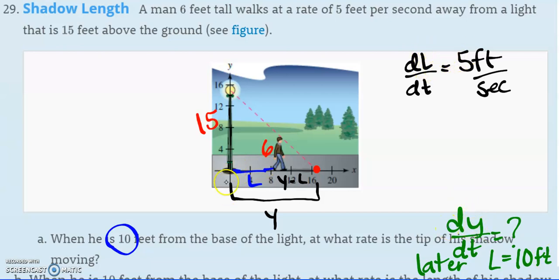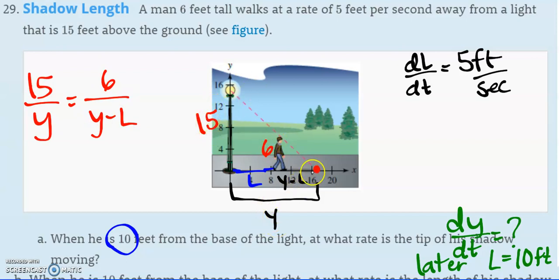Well, if I look at L and y, I should hopefully see something with some similar triangles going on. So I could say that 15 is to y as 6 is to, in this case, y minus L. Okay, thinking about proportions, 15 is to y as 6 is to y minus L. Similar triangles because of these angles going on.